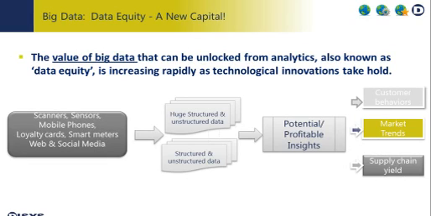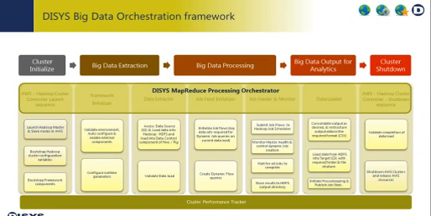MapReduce, a technology that was developed by Yahoo and then optimized by Google and a few other organizations, is a pretty solid solution that can be built on the cloud.